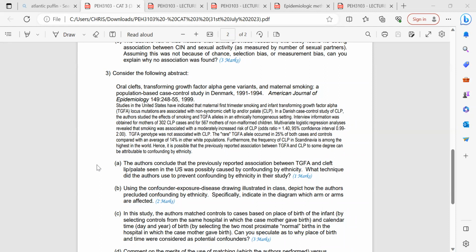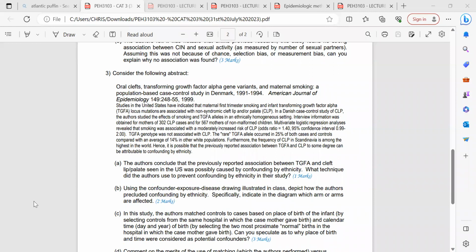Interview information was obtained from the mothers, 302 with cleft lip and palate and 567 controls. Multivariate logistic regression analysis revealed that smoking was associated with a moderately increased risk of CLP. Then TGFA genotype was not associated with CLP.